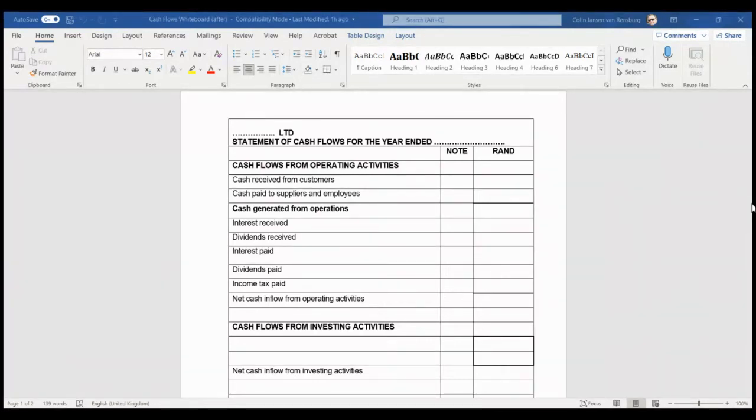Now, what we want to disclose here is the receipt of money. Clearly, that is what that line item indicates. This is what we want to disclose. So, ladies and gentlemen, if we want to determine the amount of money that we have received from our customers, we can use our debtors account to determine that.